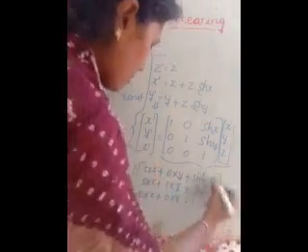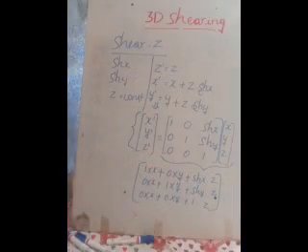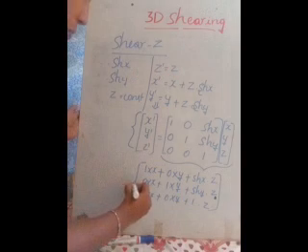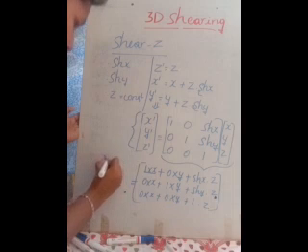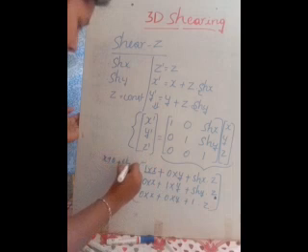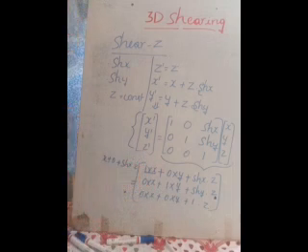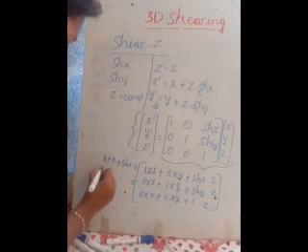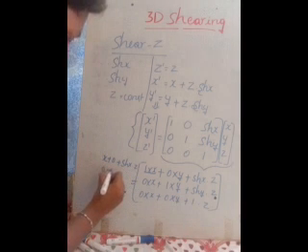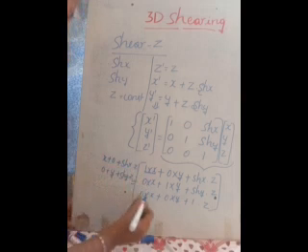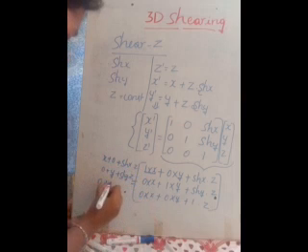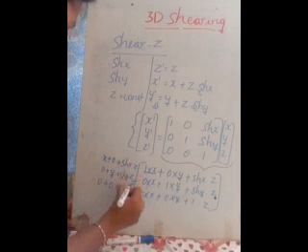What will you get in this? We'll add this and continue. This is x plus 0 plus SHX dot z. Next one, 0 plus y plus SHY dot z. Here 0 plus 0 plus 1 we get.